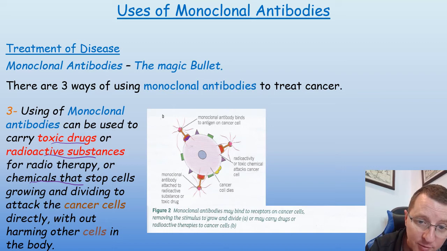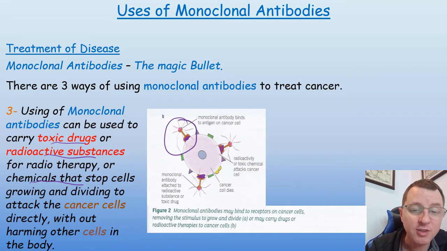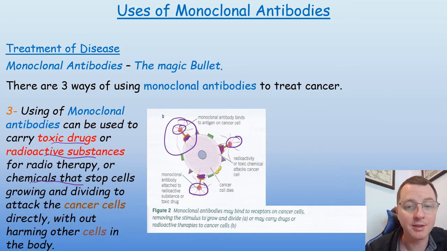Again, we have the antigens on the cancer cell, and the monoclonal antibody binds directly onto that antigen and no other antigen in the body. And the monoclonal antibodies are carrying these toxic substances directly to the cancer cells like a magic bullet, which will then destroy the cancer cells and hopefully destroy your cancer.